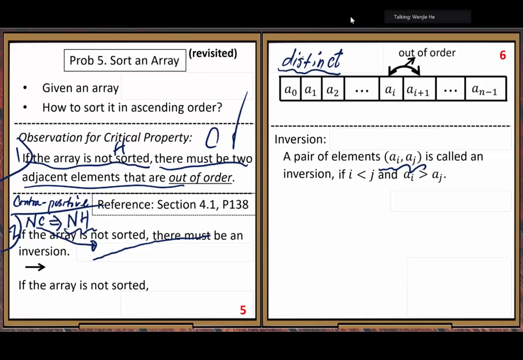So if there is no inversion, what can you get? Given an array with no inversion, can you see the whole array must be sorted? Must be, because you compare two adjacent elements all the way from the beginning to the end, and you're always going up.